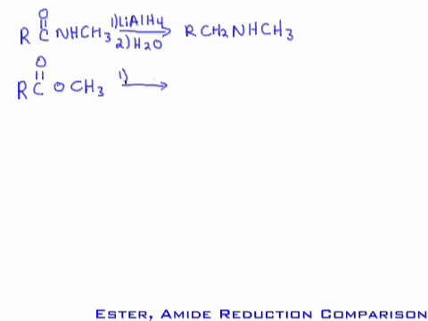So 1 lithium aluminum hydride and 2 H2O. Well, if it proceeded the same way, the double bond O would become a CH2, and I would form this molecule.